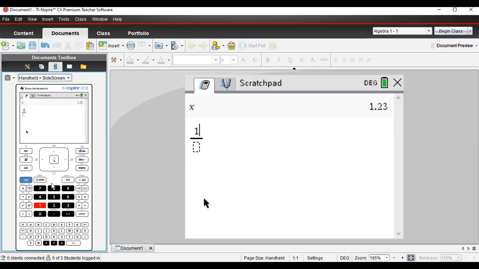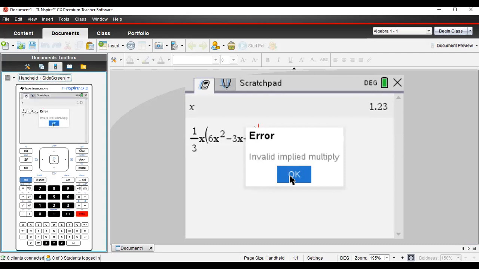So I'm putting in 1/3, and then it's x, then we have parentheses 6x squared minus 3x plus 9, close the parentheses, and then just press enter.